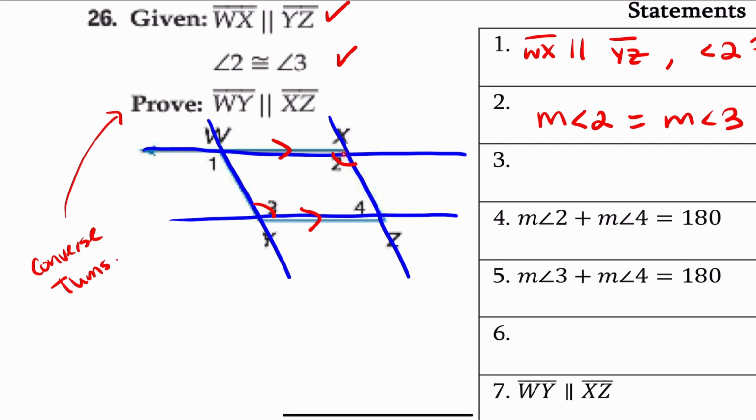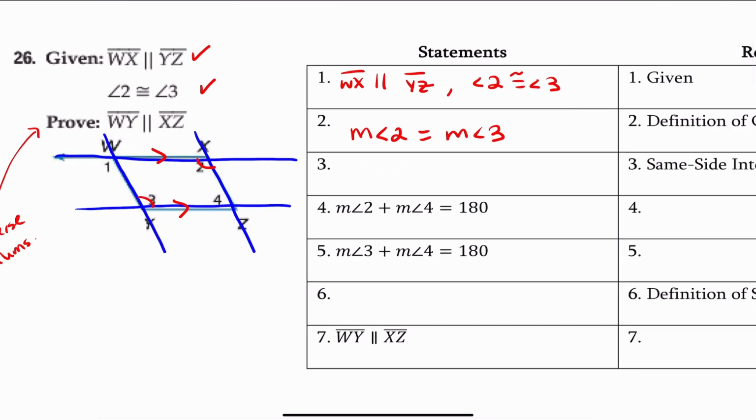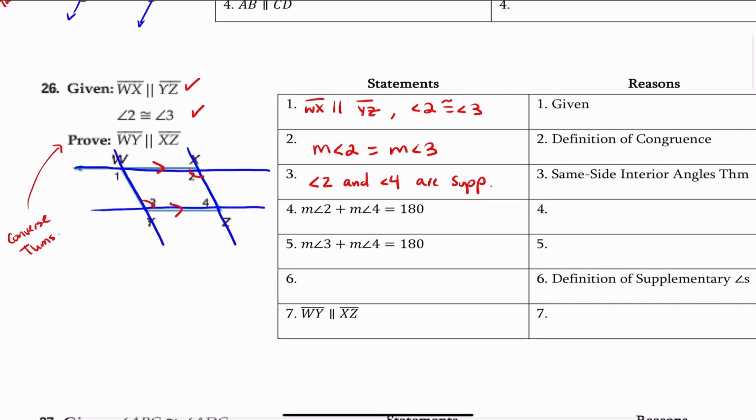Notice that if I were to involve 2 once again, you can see that with these lines being parallel cut by a transversal, 2 and 4 are on the same side of the transversal, okay? So that means I'm going to write angle 2 and angle 4 are supplementary. And that's because 2 and 4 are same side interior angles, okay?